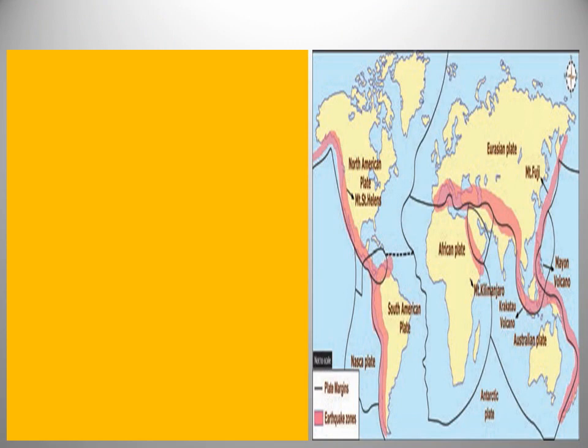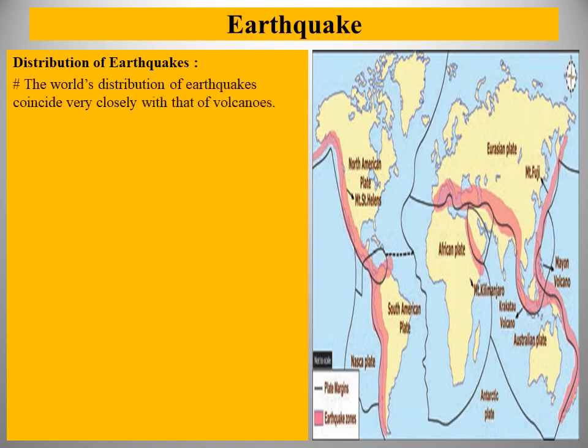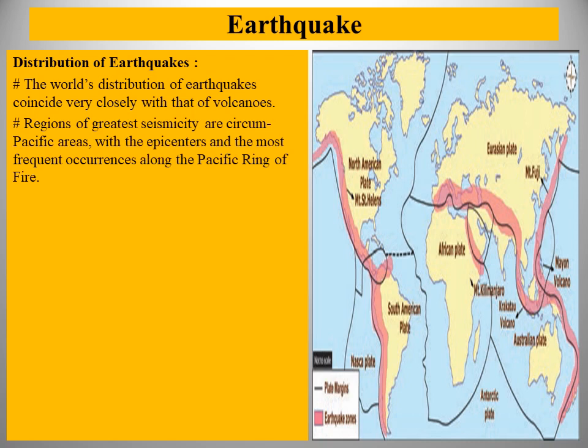Next is distribution of earthquakes. The world distribution of earthquakes coincides very closely with that of volcanoes. The regions of greatest seismicity are the circum-Pacific areas, with the epicenters and the most frequent occurrence along the Pacific Ring of Fire.